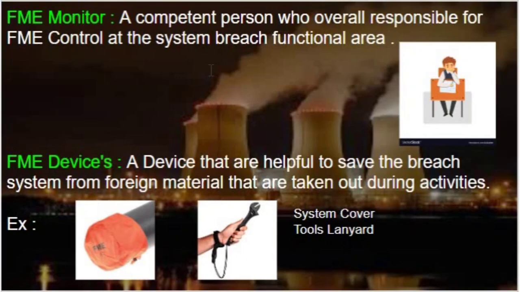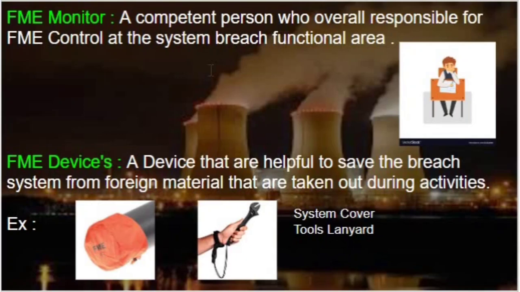And what is an FME device? A device that is helpful to save the breached system from foreign material that is taken in during activities. Suppose you are going to take some devices like an atmospheric evaluator, like an O2 monitor, your hammer, your wrench, your screwdriver, anything.